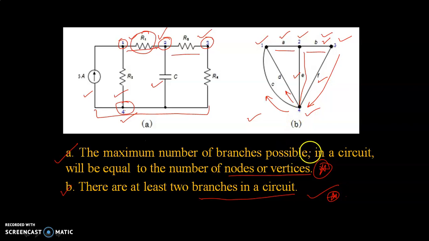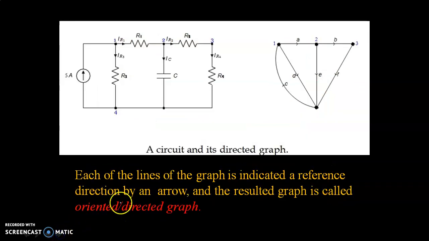And the points we should keep in mind: the maximum number of branches possible in a circuit will be equal to the number of nodes or vertices. There are at least 2 branches in a circuit. See this.